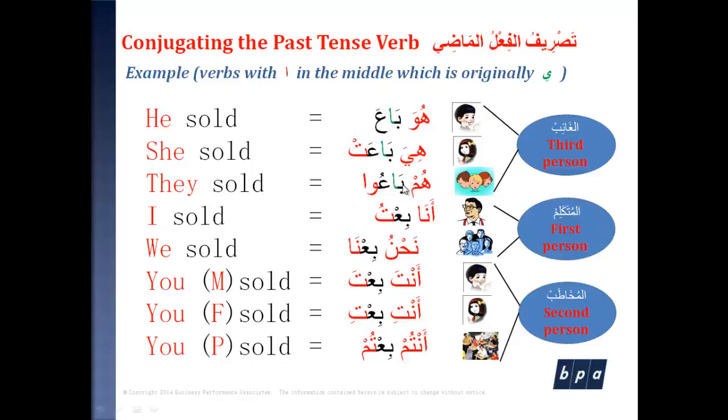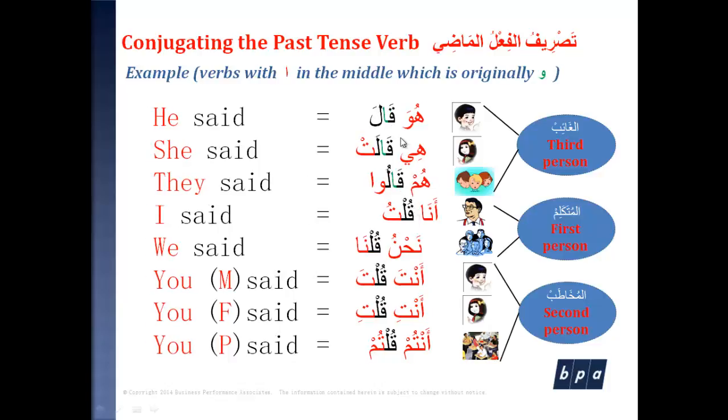Instead of having the first letter take a dhamma in conjugation, here it takes a kasra in the first and second person. Remember that the kasra is associated with the ya and the dhamma is associated with the waw. So if you go to qala, we said that this alif is originally a waw, and the dhamma is associated with the waw, so the first letters would take a dhamma.